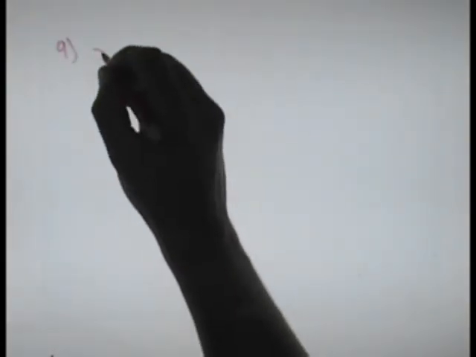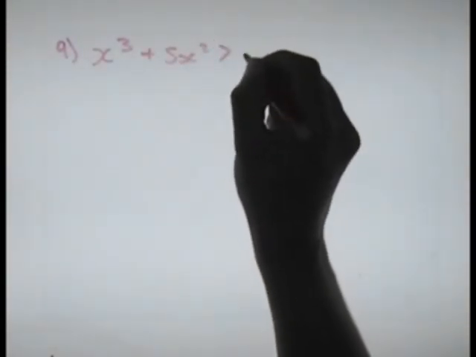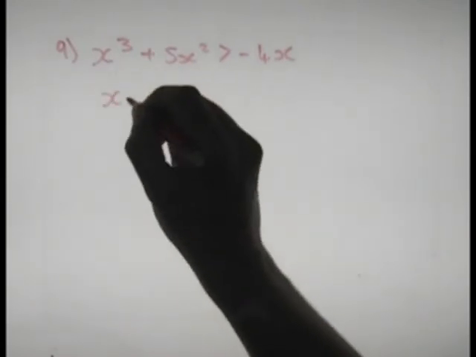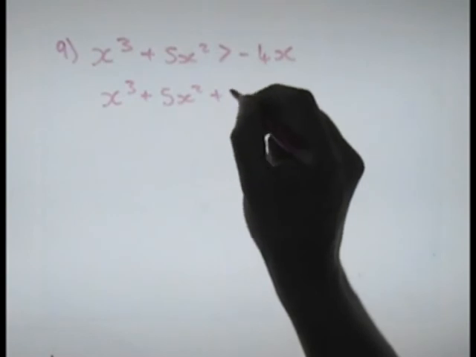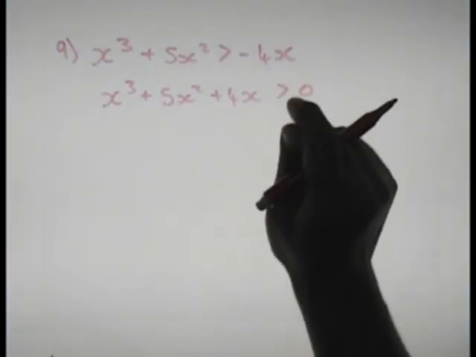Number 9. Number 9 says x cubed plus 5x squared is greater than negative 4x. I'm going to start by taking that 4x across to give me x cubed plus 5x squared plus 4x is greater than 0.